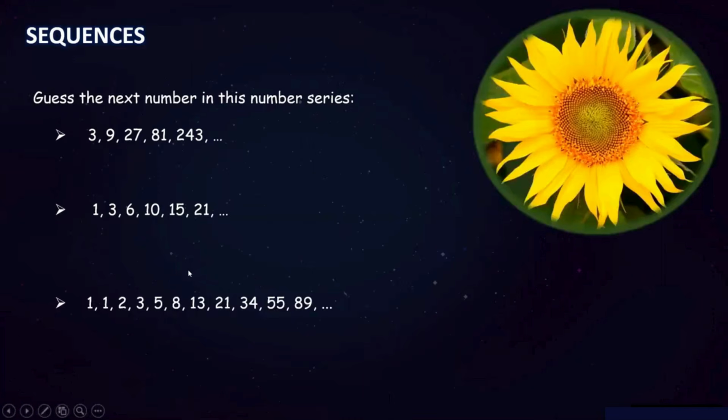Fine. Look at this number series. In fact, there is a clear relationship between this series of numbers and this diagram here. Identify what number comes next in this number series.